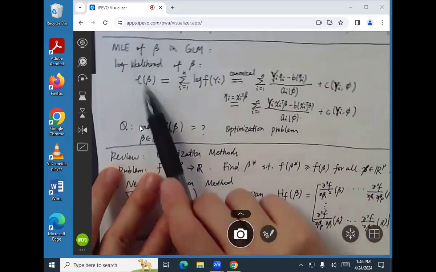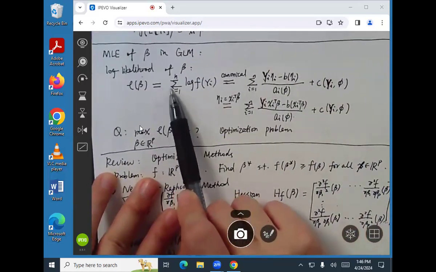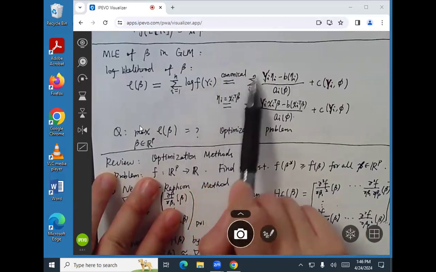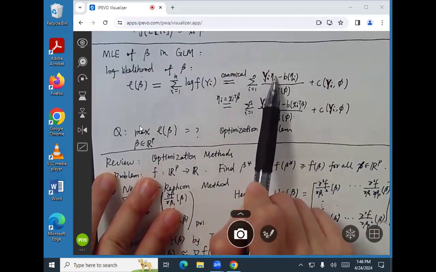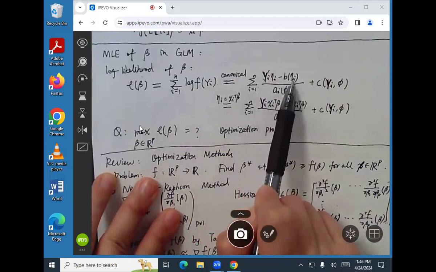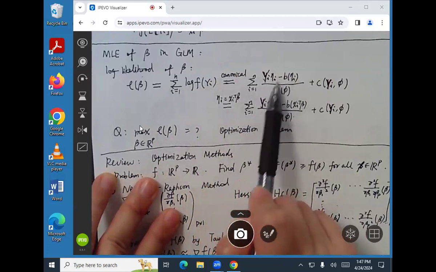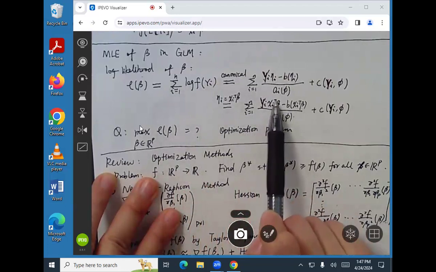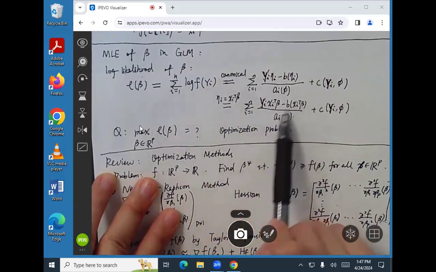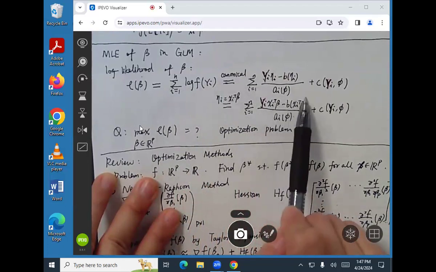This is from our last lecture, the log likelihood, and we know because we set eta i to theta i, and then eta i is here to replace theta i in the exponential family density function. And then as eta i is xi transpose beta, we introduce beta. So xi transpose beta is here.